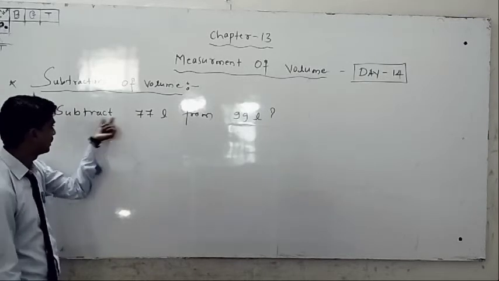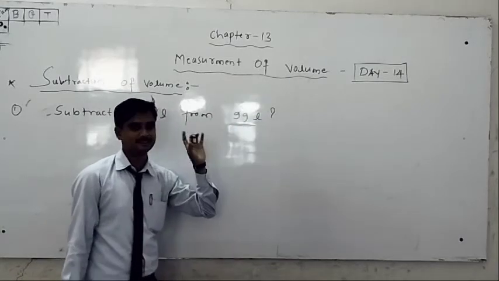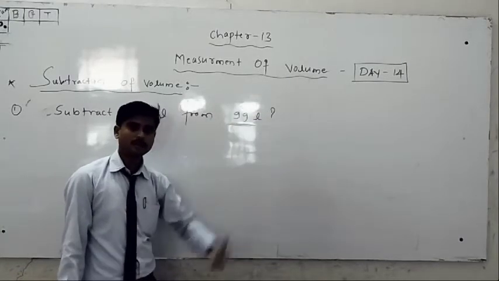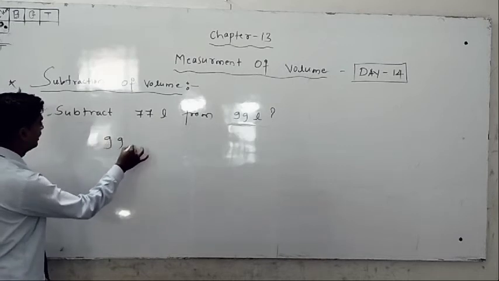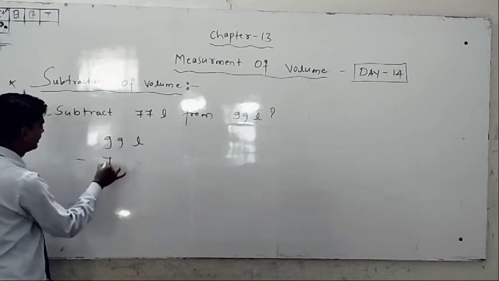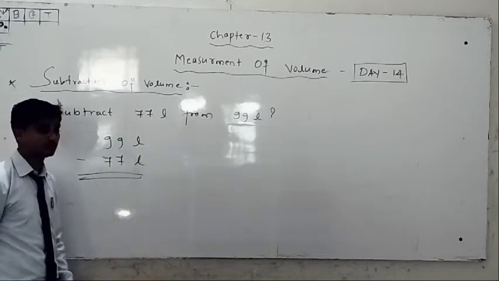First of all, subtract 77 liter from 99 liter. Then you should write here 99 liter minus 77 liter. This is the given problem, a 1 mark question.